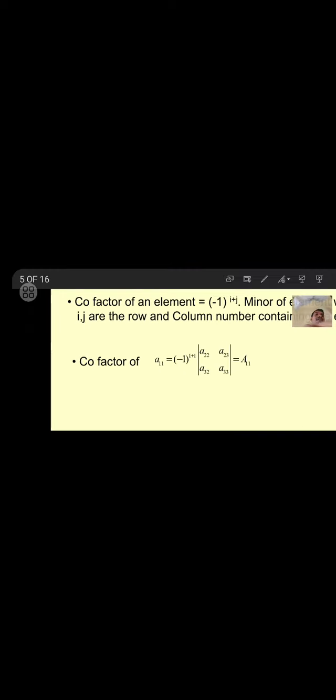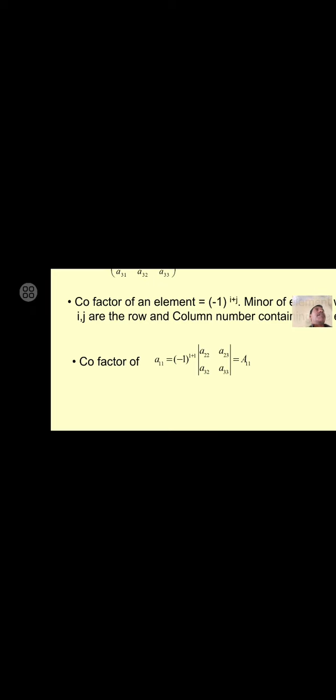Its minor means the A11 minor, we already know what minor is. So we can write here the determinant of A22, A23, A32, A33, and this sign into the minor we can represent with capital A11. So that is the cofactor of the small a11 element.